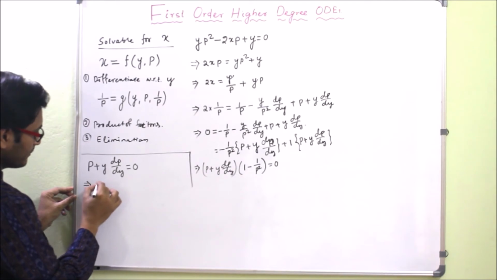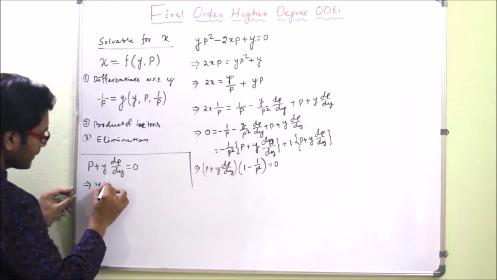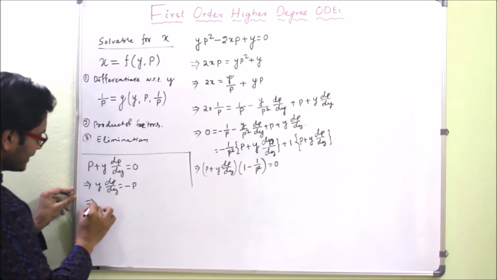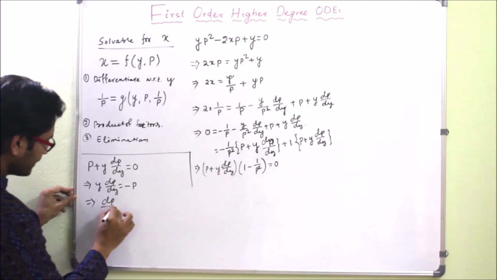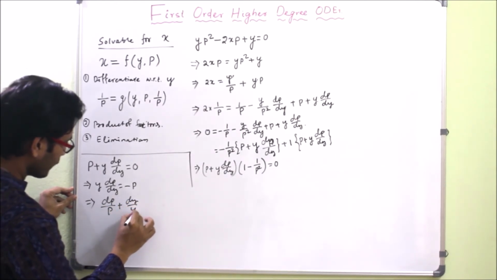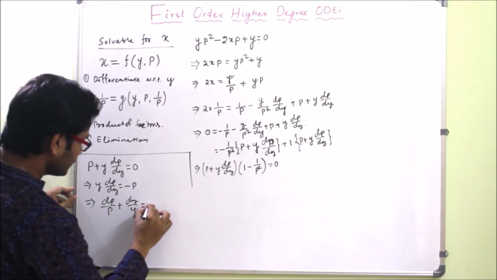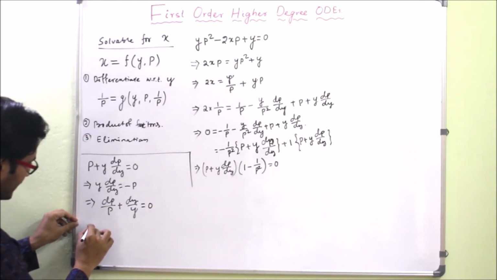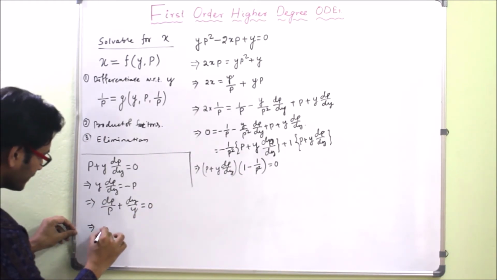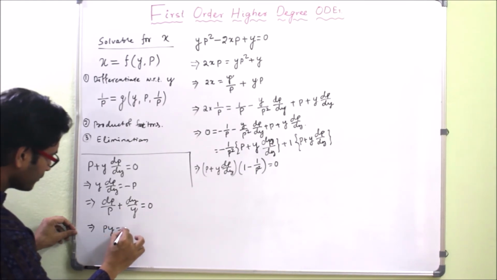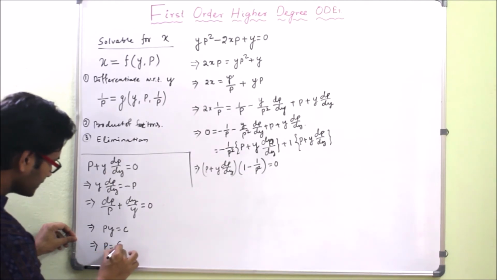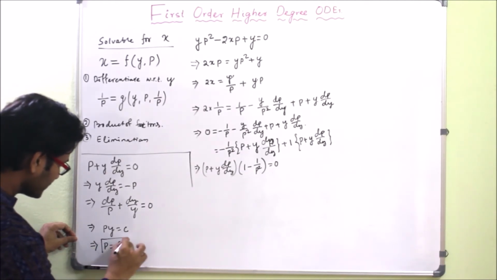If I rearrange, y dp by dy equals minus p, and finally dp by p plus dy by y equals 0. Integrating both sides, we get py equal to c, or p equal to c by y. So this we got.